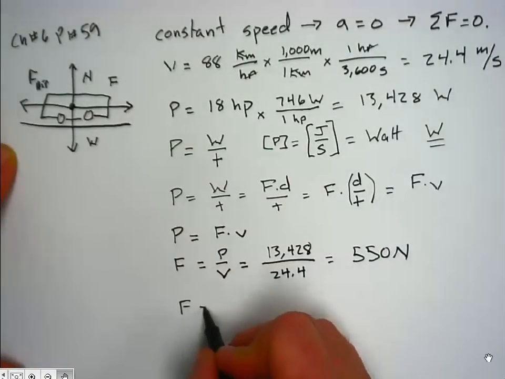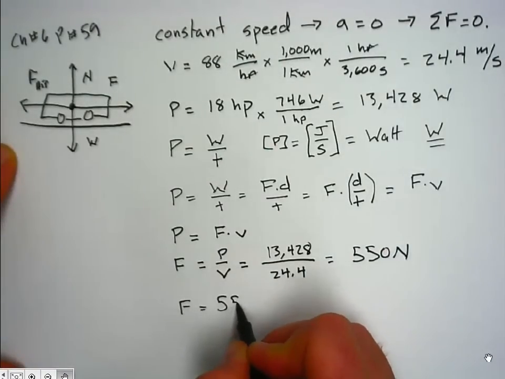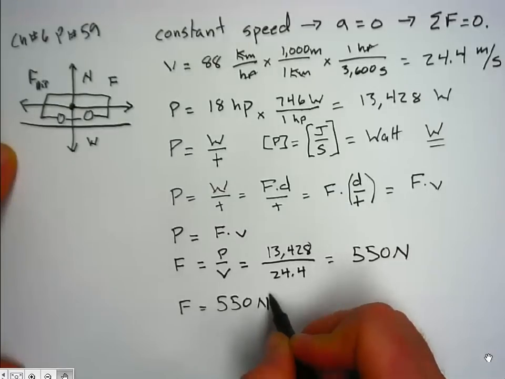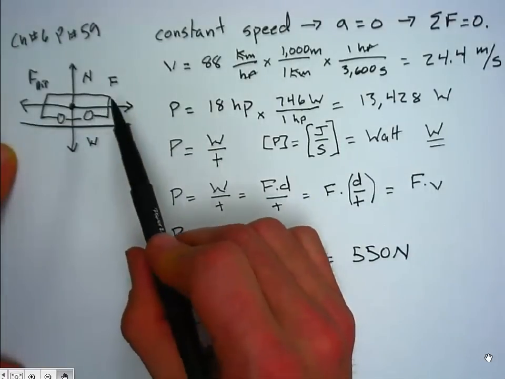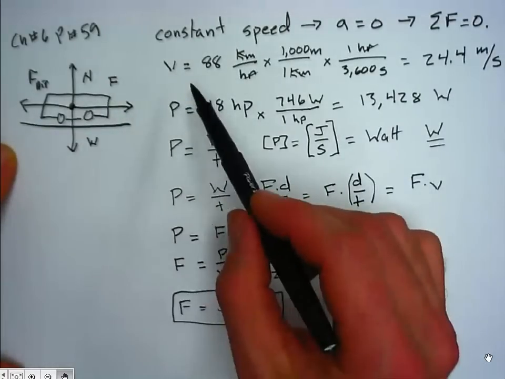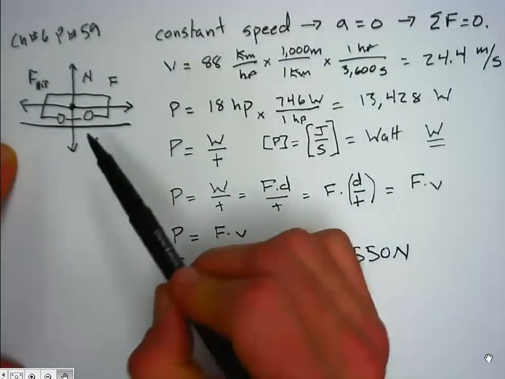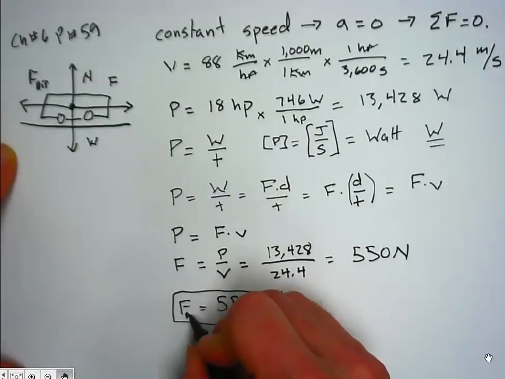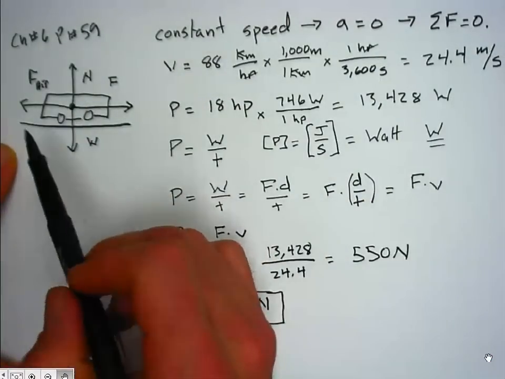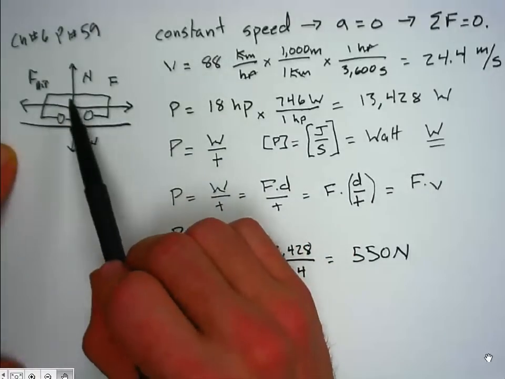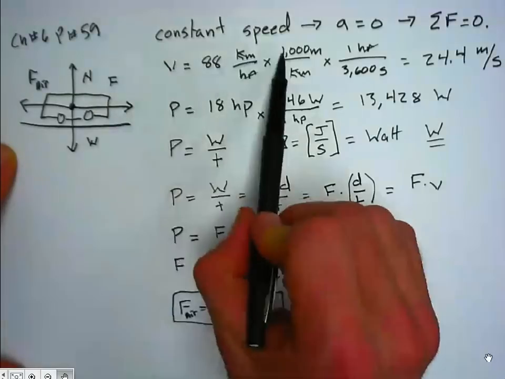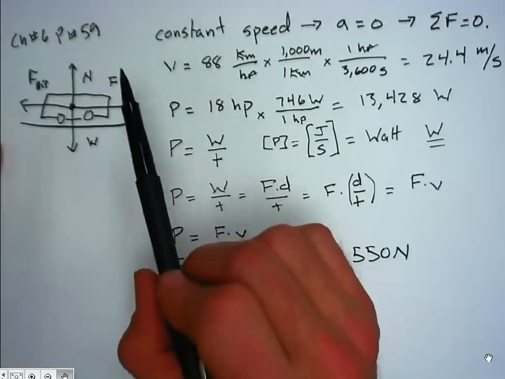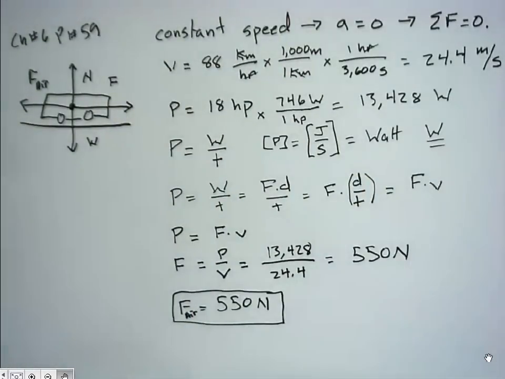Okay, so the force that the engine exerts forward is a 550 Newton force, and that is also equal to the force of air resistance. These forces would be equal in magnitude, opposite in direction, and we know that once again because of the constant speed.